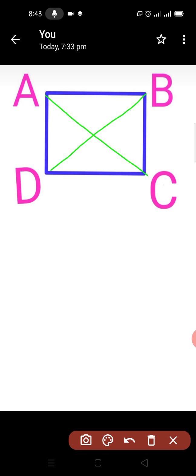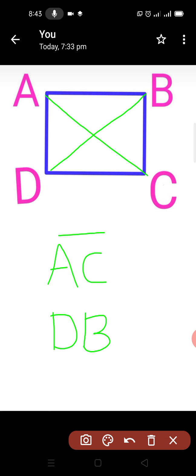These two are AC and DB. These two are known as diagonals of a quadrilateral. The line segment which is joining opposite vertices of a quadrilateral is called a diagonal of the quadrilateral. Now, what are the two diagonals? AC and DB.